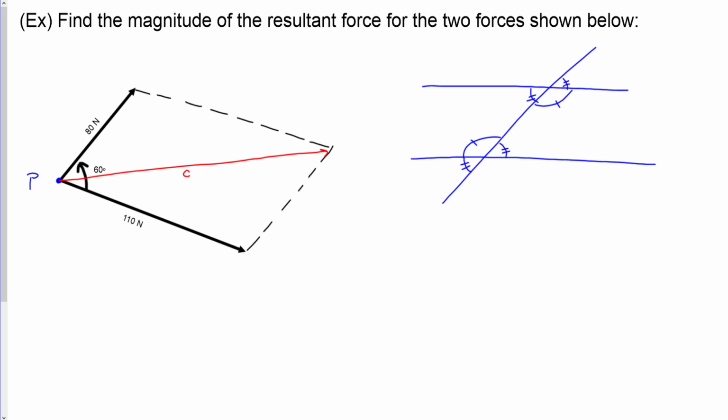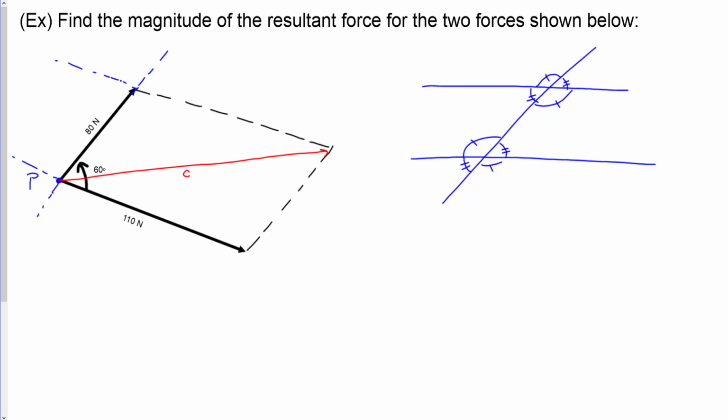So there's lots of equal things when you have transversals cutting parallel lines. So right here, just think of these as parallel lines, and then you have a transversal cutting it.